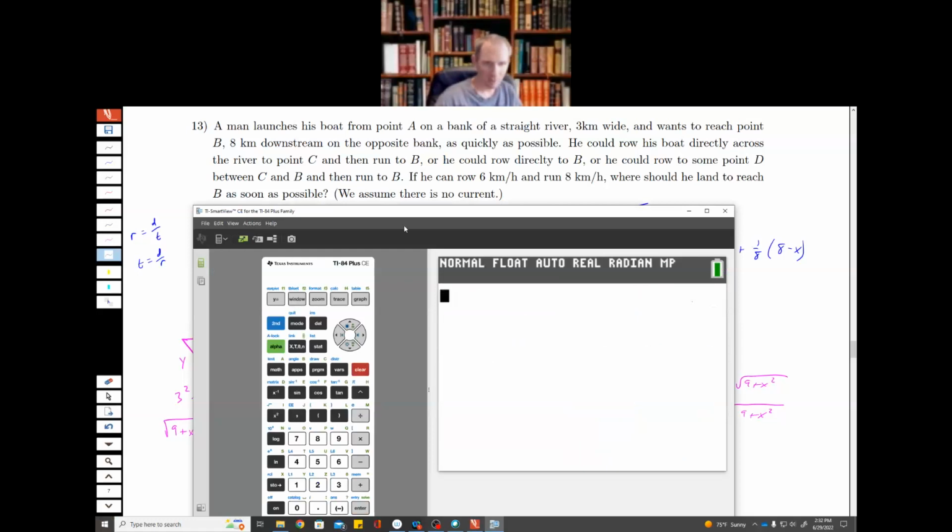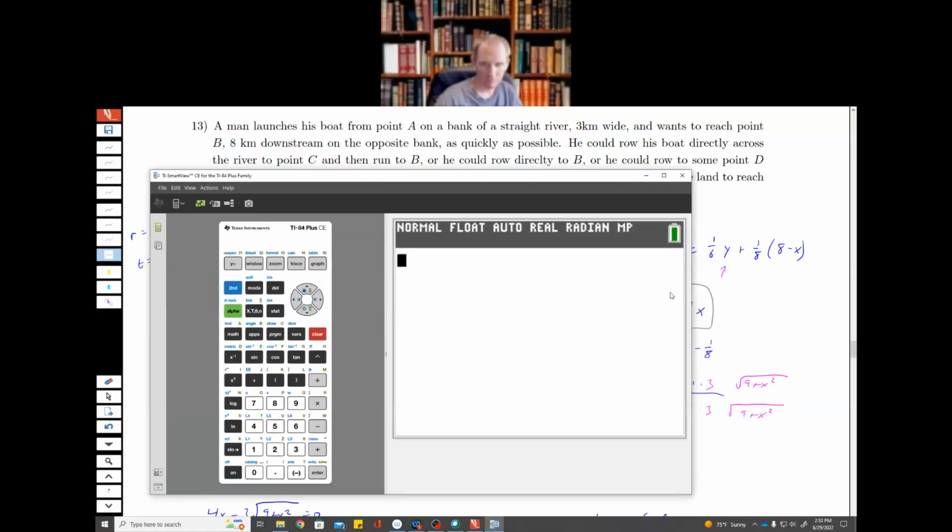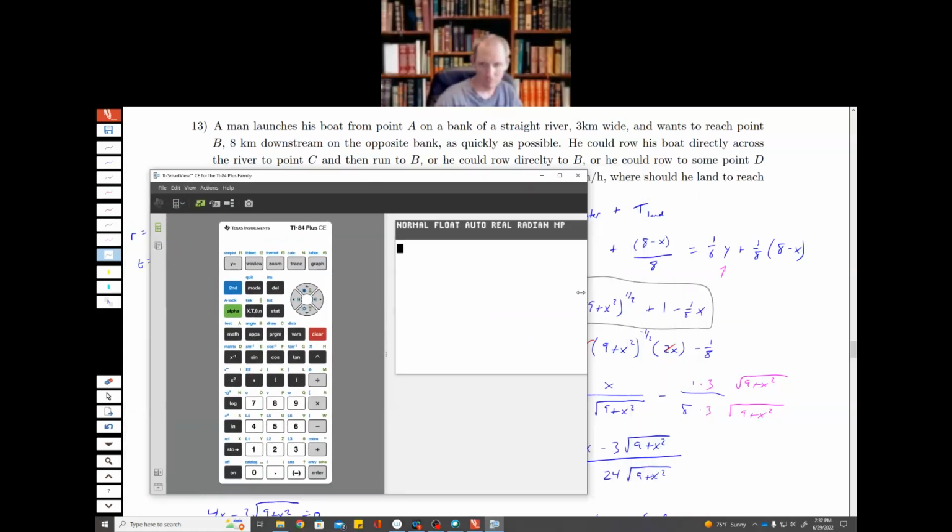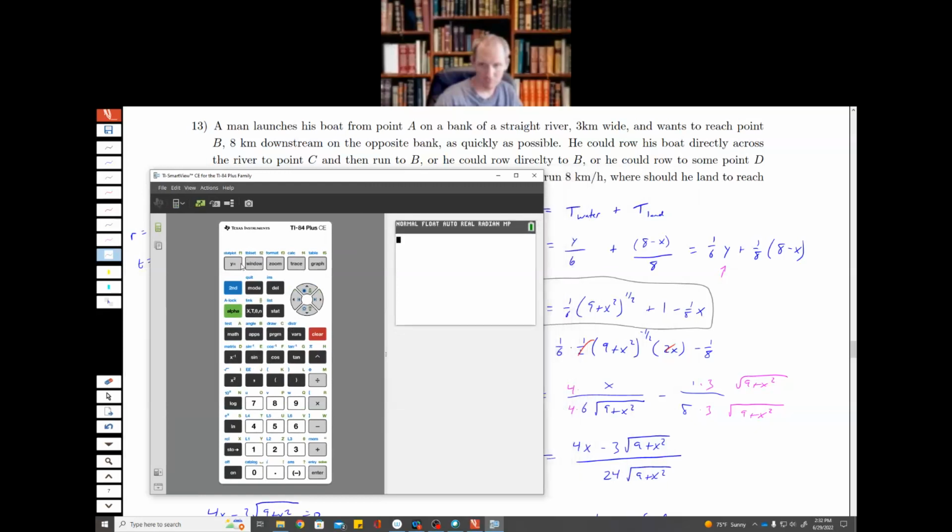So if I get out my calculator, okay, y equals, I'll plug in my function for time, 1/6 times, just write this as square root, 9 plus x squared plus 1 minus x over 8.